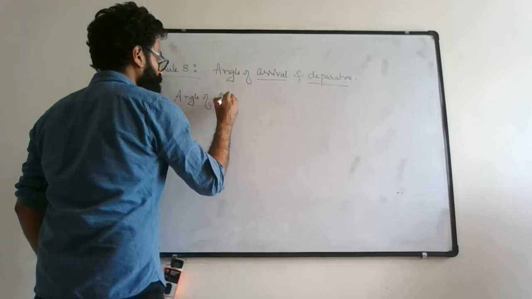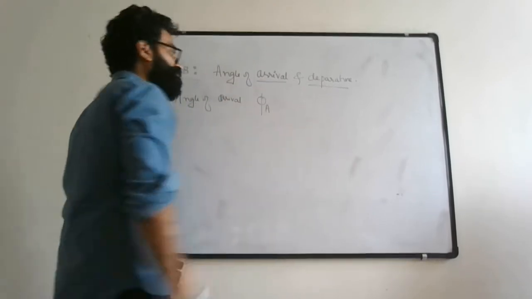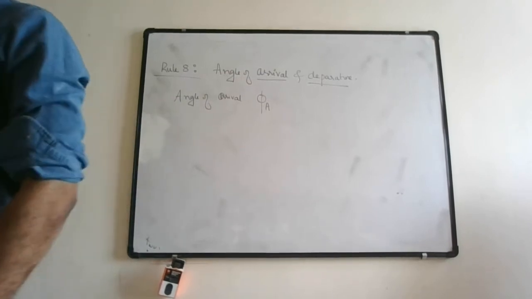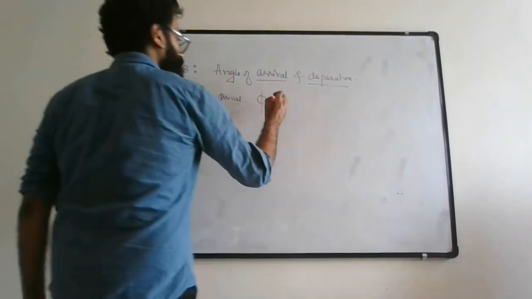Angle of arrival is denoted by phi a, and phi a is written as (180 plus phi).